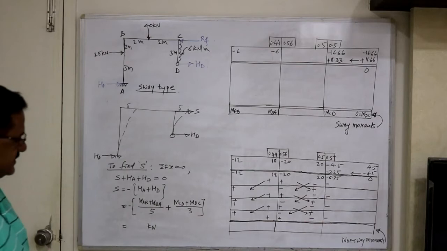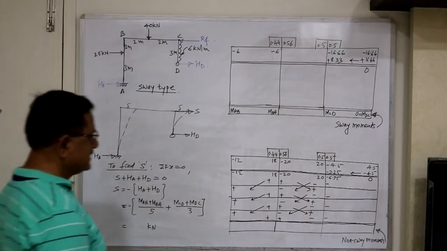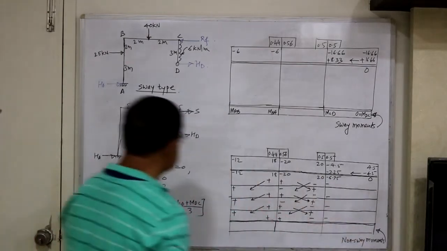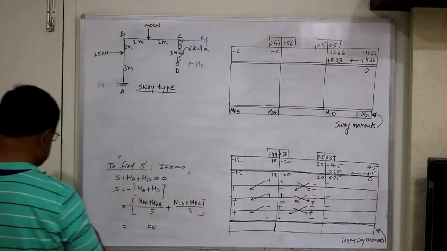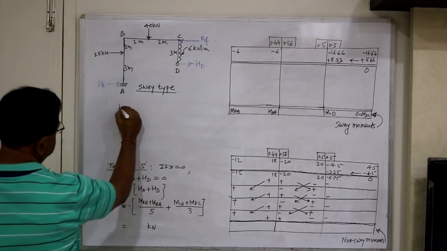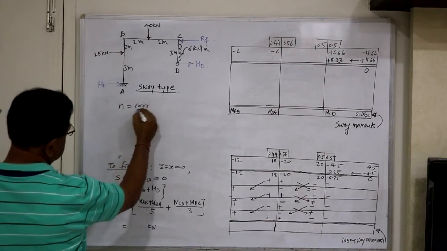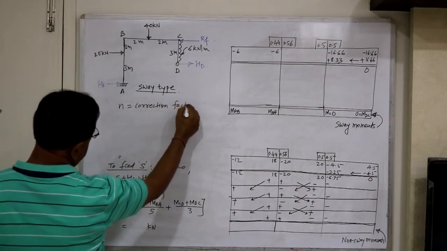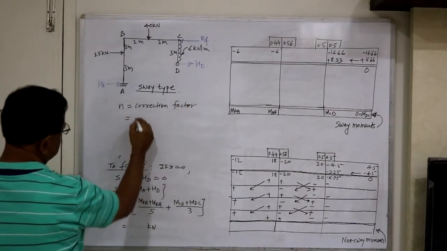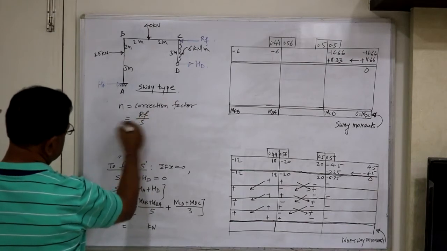And after getting this force S, the next step is to calculate the correction factor N, which will be RF divided by S.